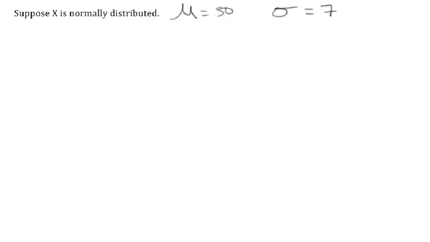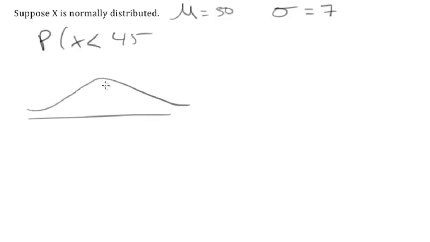What if, in fact, you wanted to compute the probability that x was less than 45? Well, again, I'd really love it if you drew that picture here. So here's the mean, here's 45, and here's the area you're trying to find.